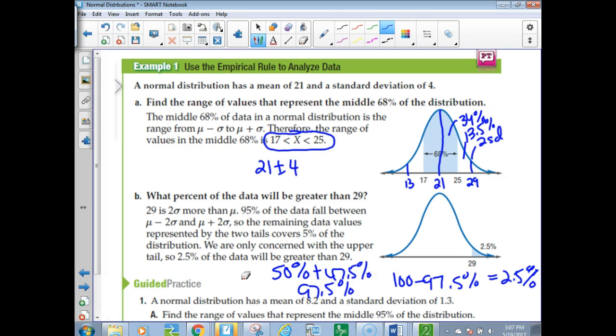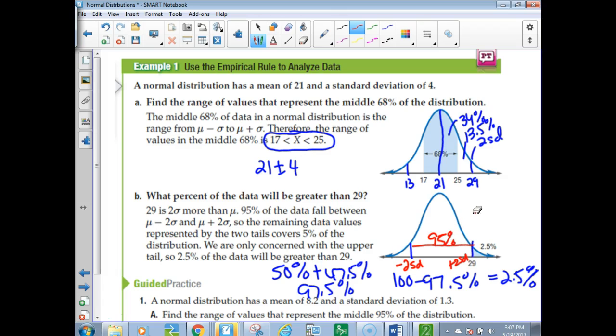Okay, or there's another way to think about it. Since you know that 95% of the data is within 2 standard deviations, I'll show you another way to think it out. From here to here, that's 2 standard deviations plus or minus. That would be 95% of the data according to your empirical rule chart.